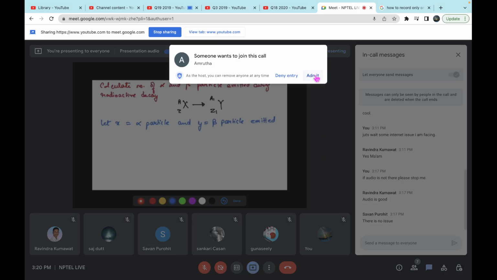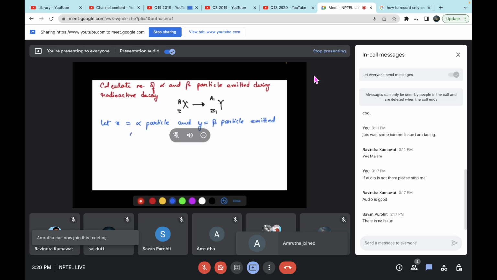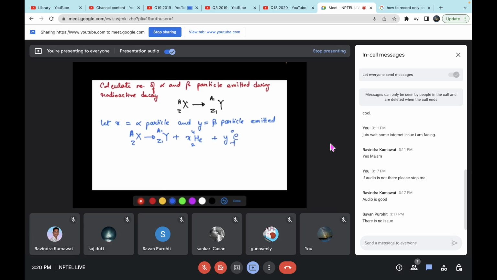So this simply makes our equation: X times alpha particle, which is helium, and Y times beta particle, which is denoted as an electron. To solve the final expression, we need to make two equations out of this.